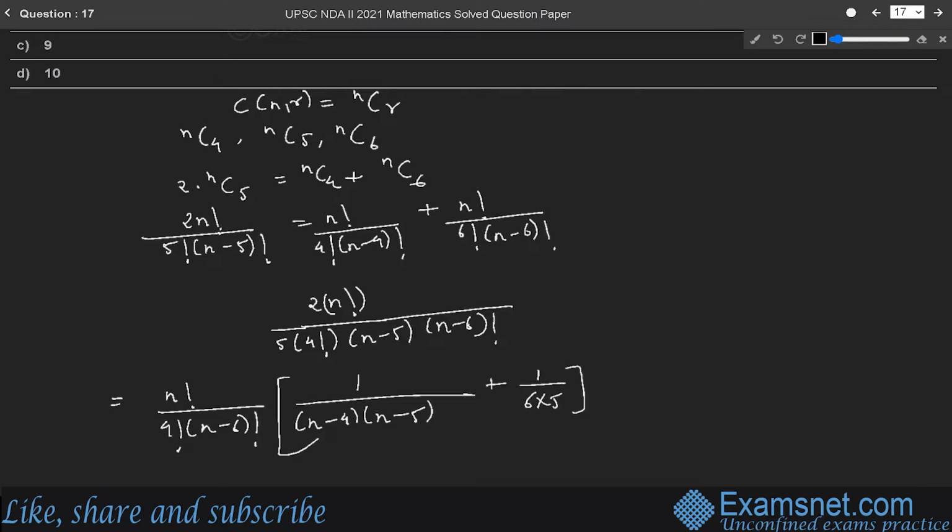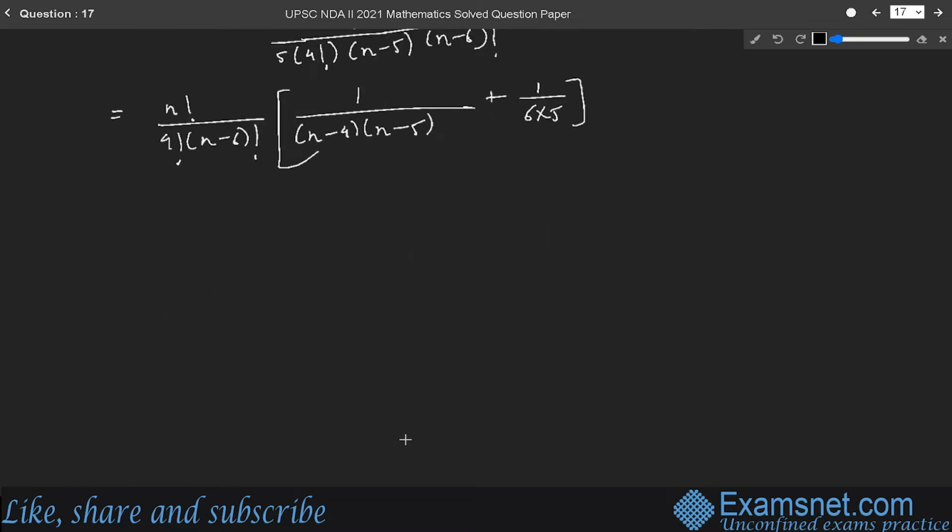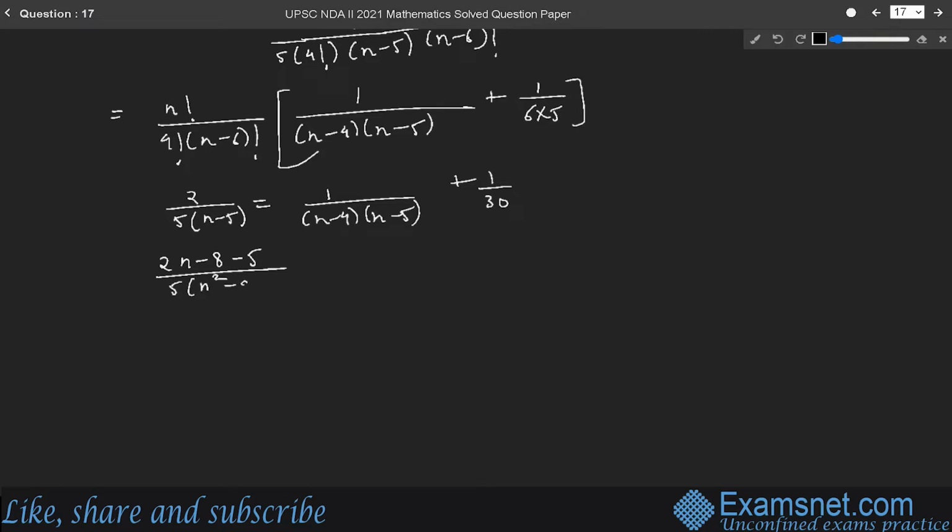into 5]. So on further solving, it will be 2 upon 5(n minus 5) is equal to 1 upon (n minus 4)(n minus 5) plus 1 upon 30. So it will be (2n minus 8 minus 5) upon 5(n square minus 9n plus 20) is equal to 1 upon 30.